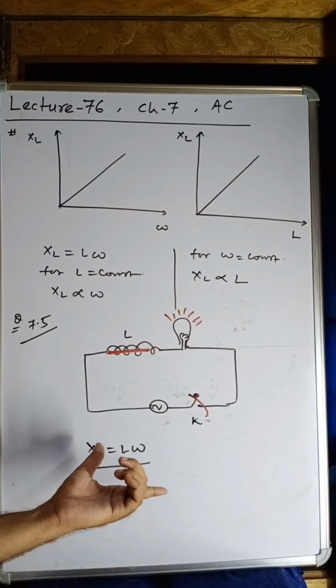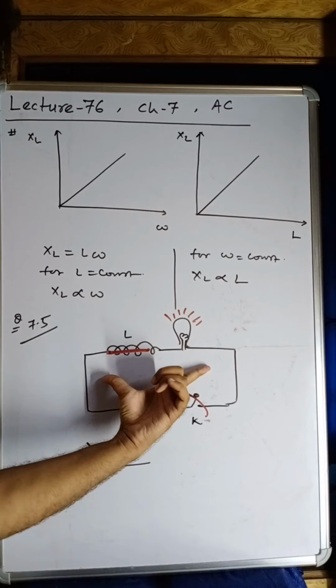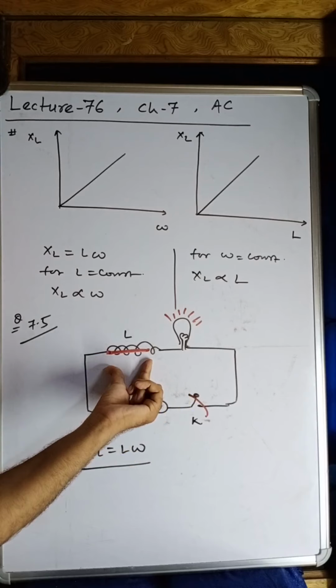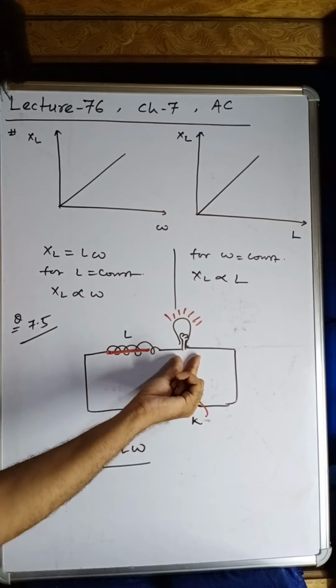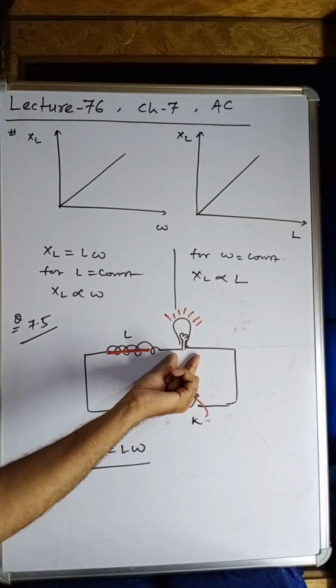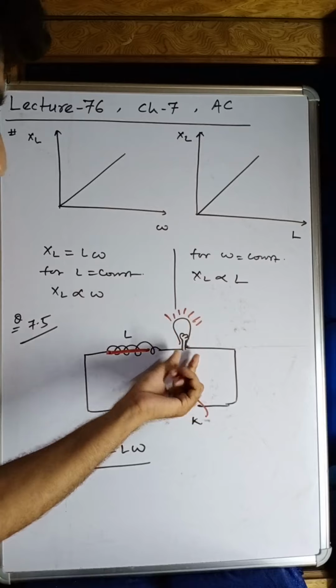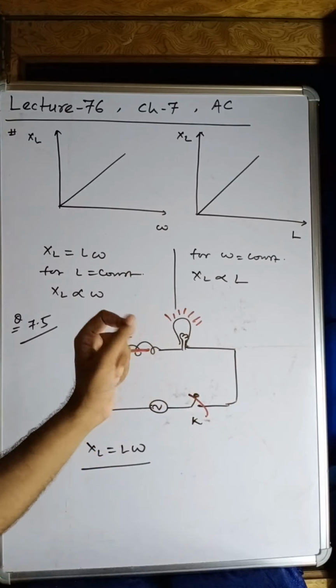Voltage will increase. And if the total voltage suppose 100, it is taking 50, but due to increase in resistance, the voltage increases, it becomes 75, then how much will the bulb get? Only 25. And if it is getting less voltage, what will happen? Its glow will go down. Okay, reduce, decrease.